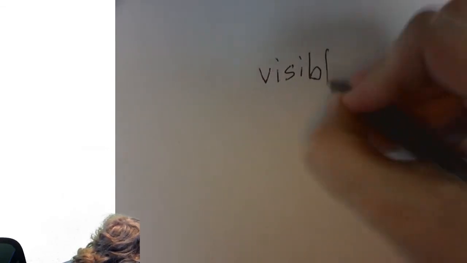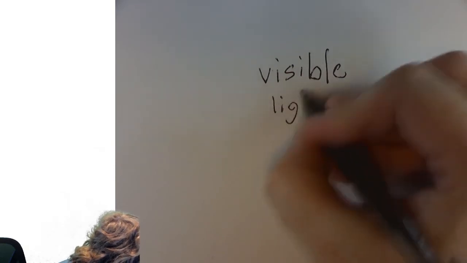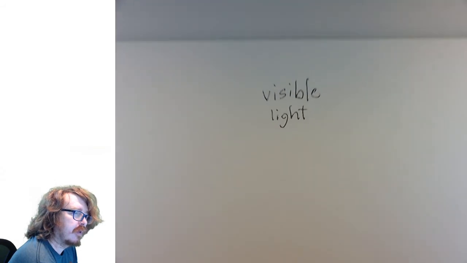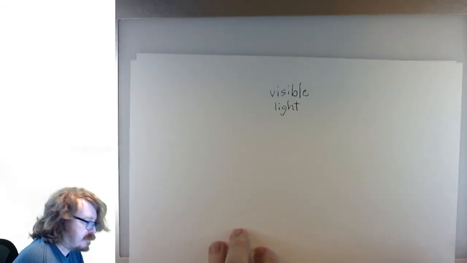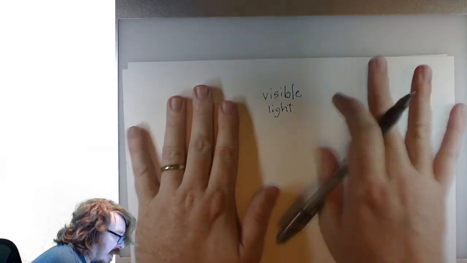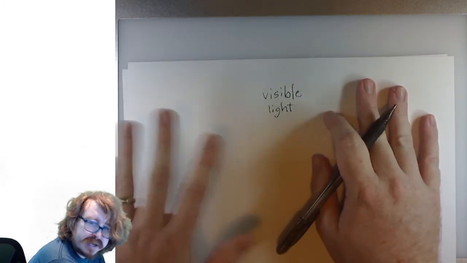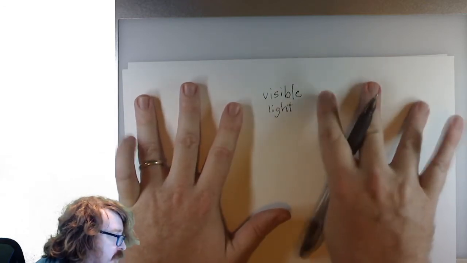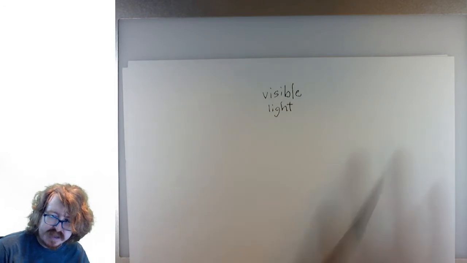So I'm going to write visible light right here. But if you're writing this in your notes, make sure, like me, you're leaving a lot of space to the left and the right of visible light, because we're going to list 3 categories over here on the left, and 3 other categories over here on the right, okay? And we're doing it in terms of increasing wavelength in this direction.